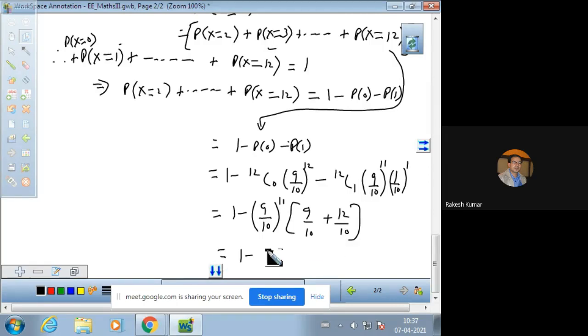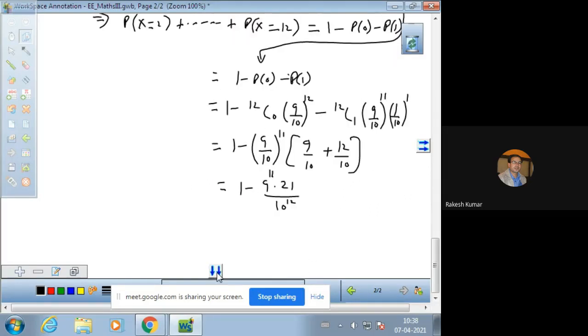So it comes out to be 1 minus 9 raised to power 11 times 21 over 10 raised to power 12. Now you can find out this probability, and after making the calculation, this probability comes out to be 0.3412. After doing these calculations, this value comes out.